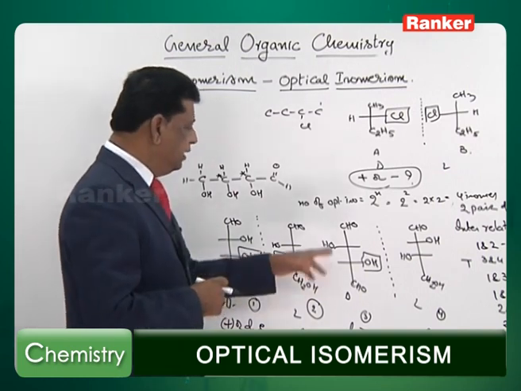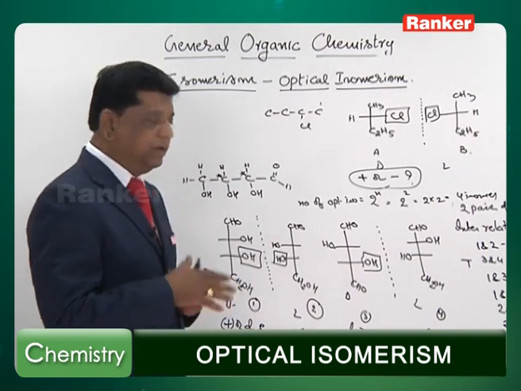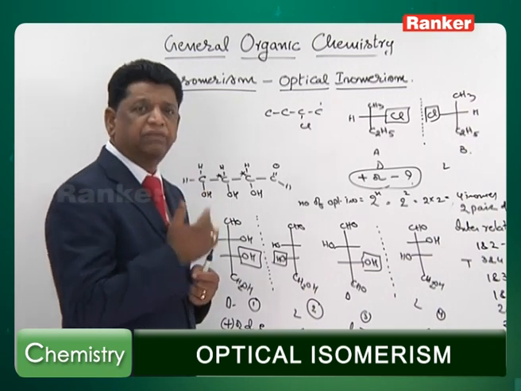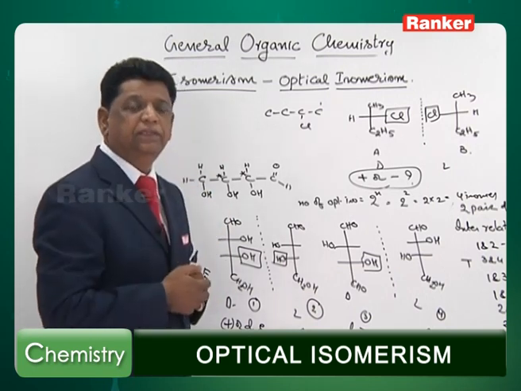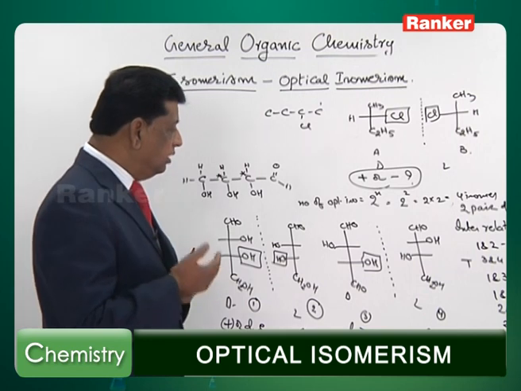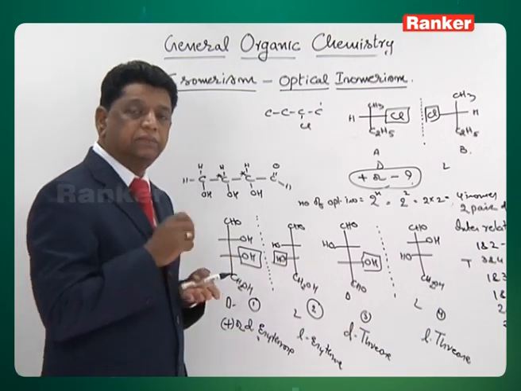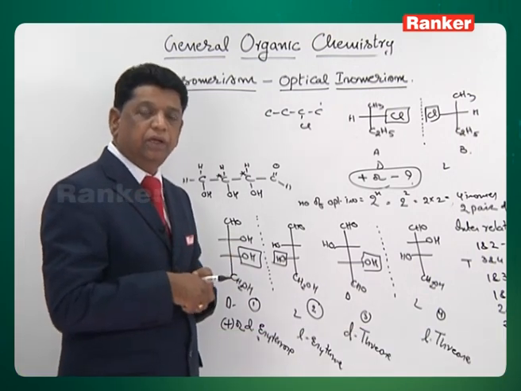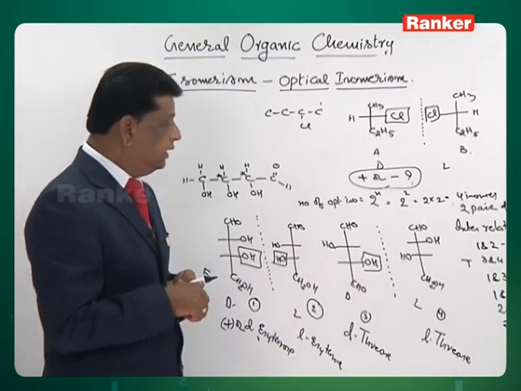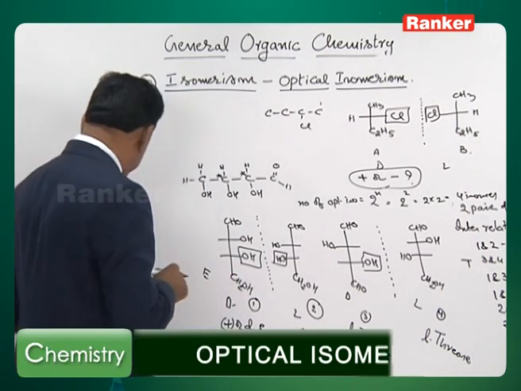This DL nomenclature is outdated now, because it gives only a part of the information, leaving out the upper chiral carbons' information. So it has become outdated. In its place we have an absolute nomenclature called RS nomenclature. We will see that later.